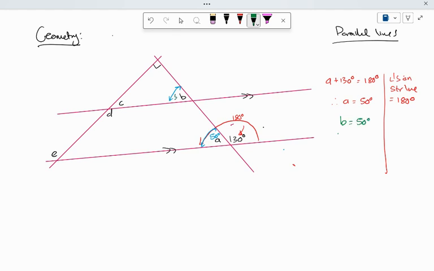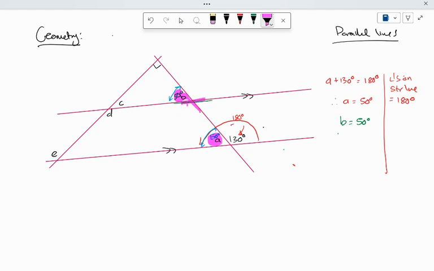This angle over here will be 50 degrees because of corresponding angles. Okay, we can see that over here, if I highlight it, this angle over here is equal to this angle over here because they correspond.